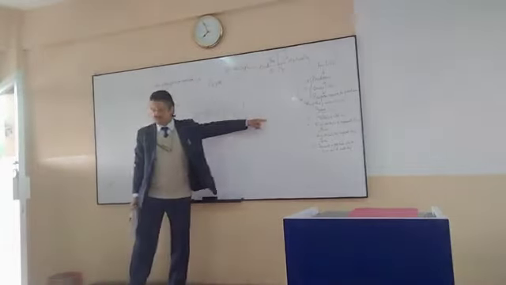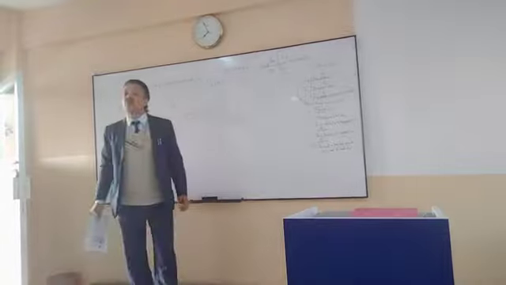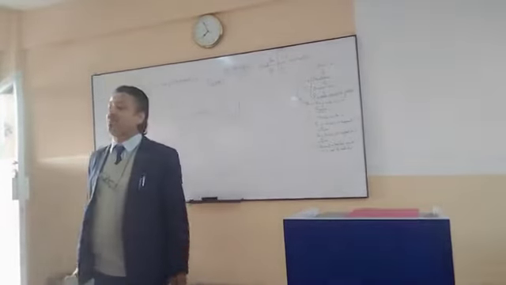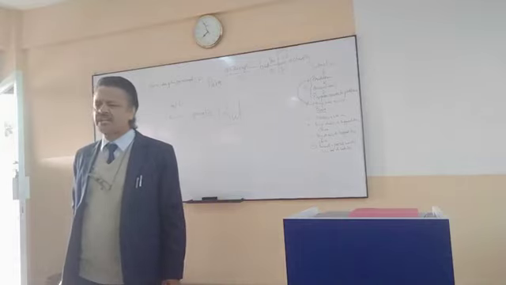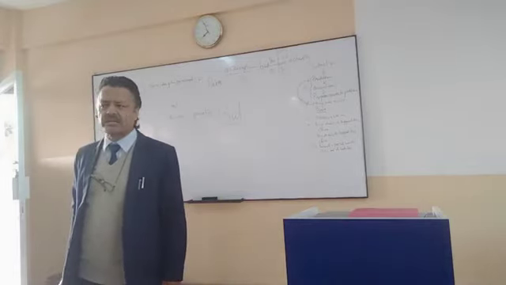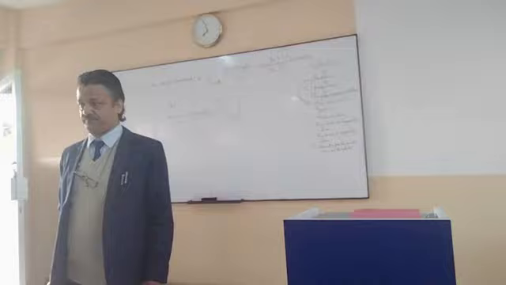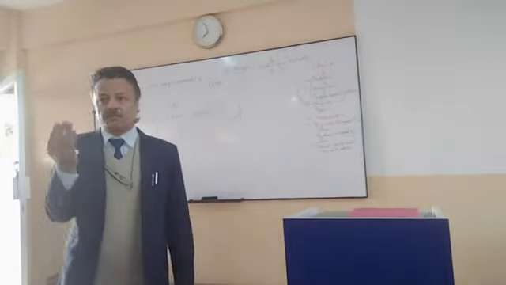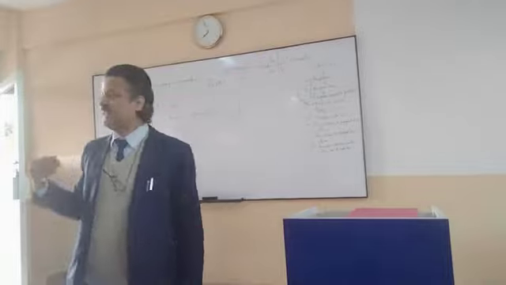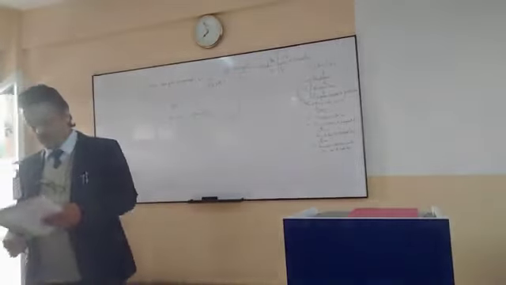Contrast markers like but, however, though, even though are very often used in argumentative writing. Because in argument, what do writers do? They bring an idea and then they criticize the idea.